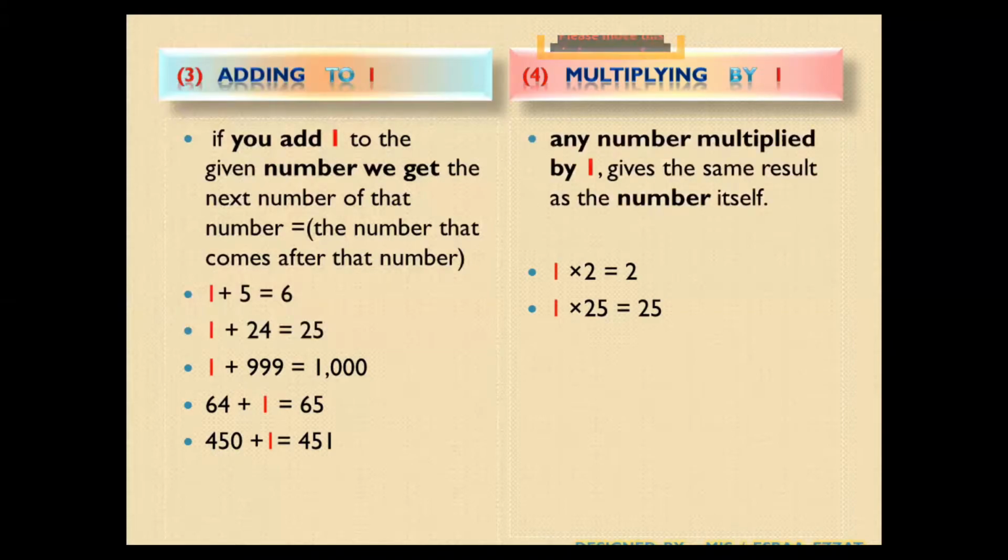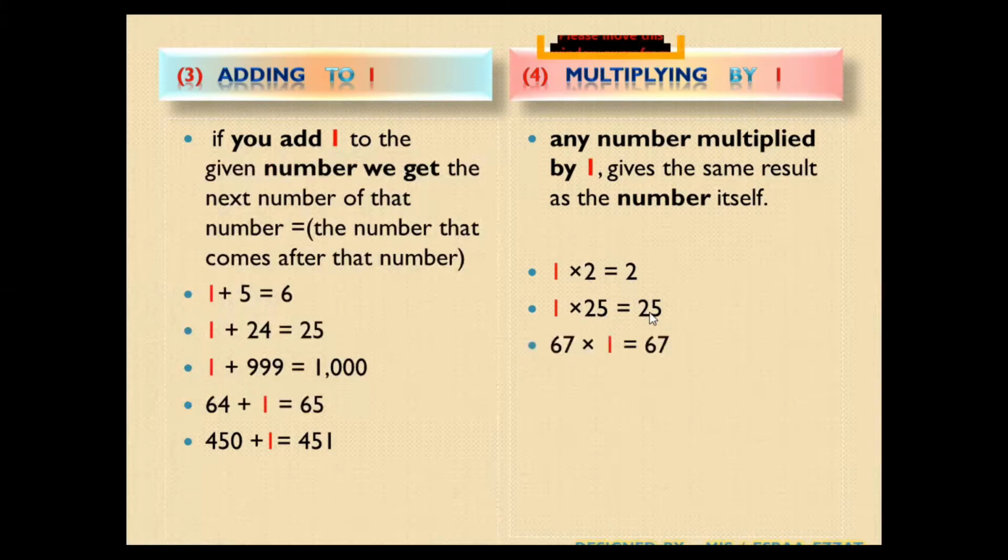So we notice here that any number multiplied by 1 gives the same result as the number itself. So when we multiply 2 by 1, we get 2 itself. When we multiply 25 by 1, we get 25 itself.